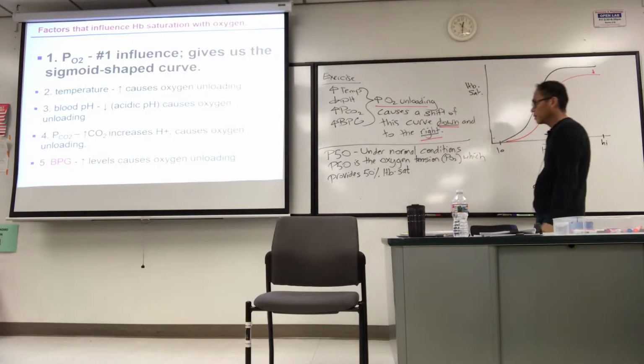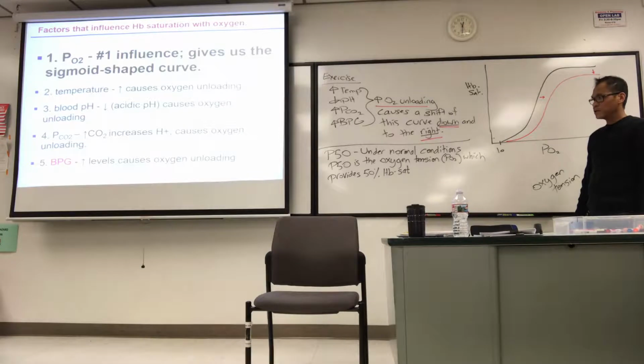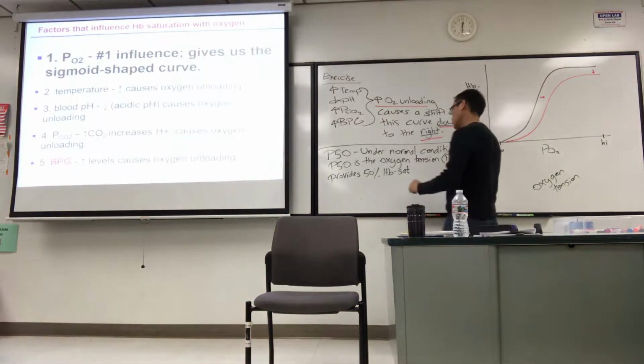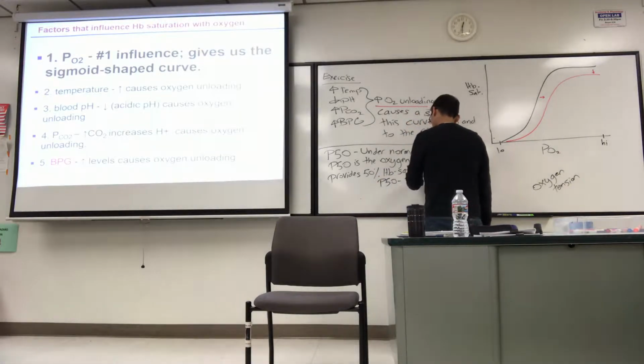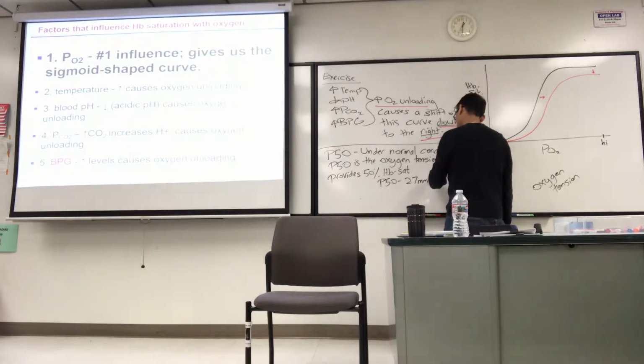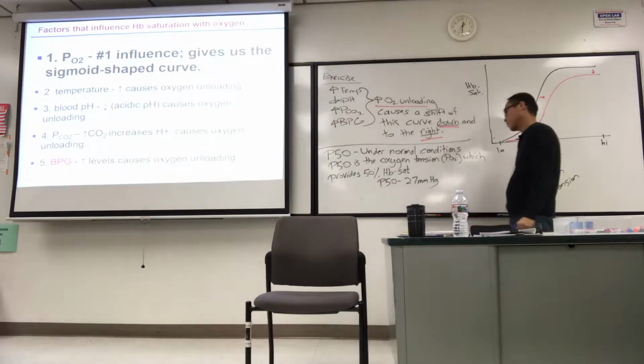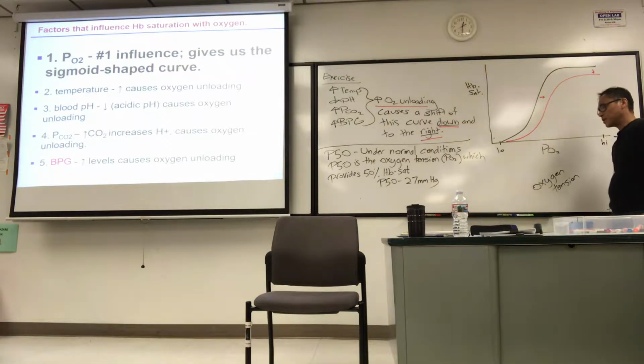And under normal conditions, this PO2 is 27. P50 is 27 millimeters of mercury. That's how much oxygen you need to saturate at 50% under normal conditions.